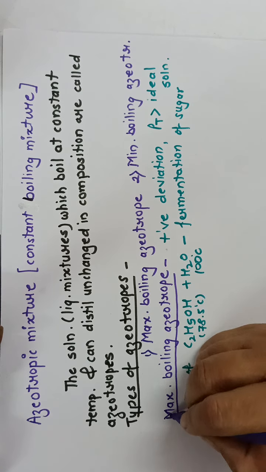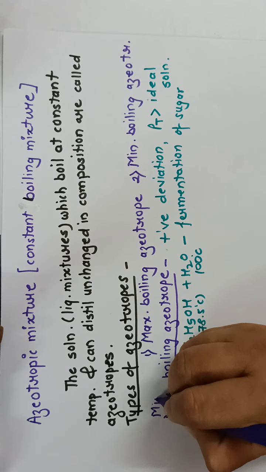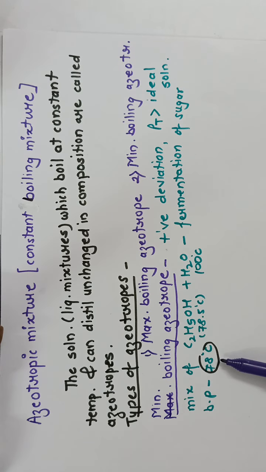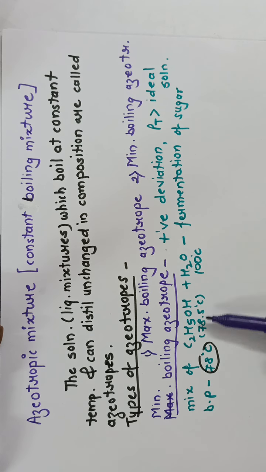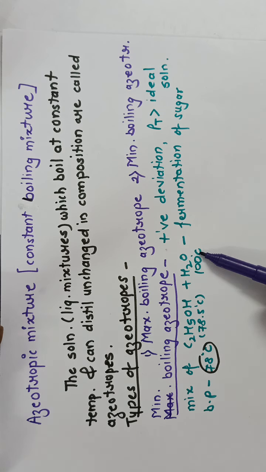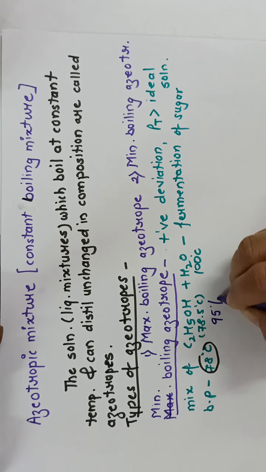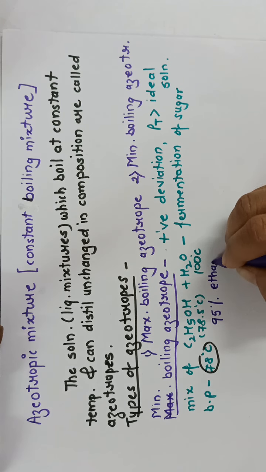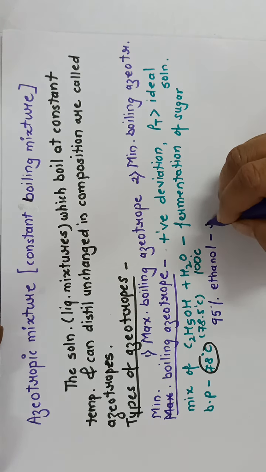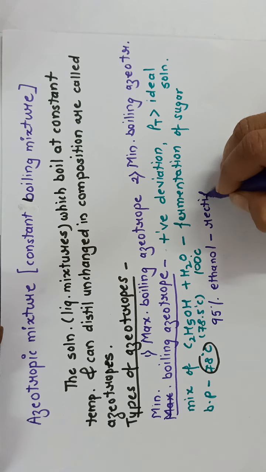Sorry dear students, this is minimum boiling azeotrope, as the boiling point of the mixture is less than that of the components. Now when we carry out distillation of this mixture, we do not get pure ethanol separately. Instead we get hardly 95% of ethanol, and that is what we call rectified spirit.